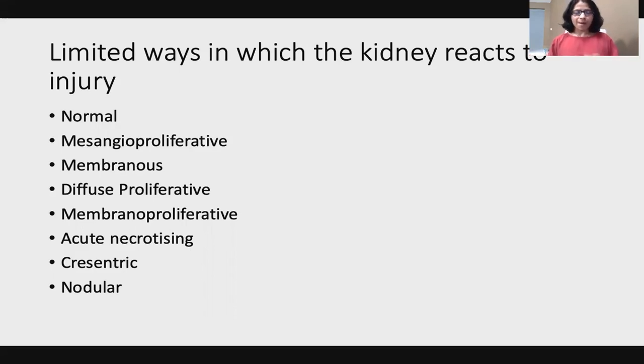So when I use the term membranoproliferative pattern, I don't mean any particular pathology as such. I just mean that that is the appearance that I can see under the microscope. And once I've seen this appearance, I again look at the clinical details, look at the other special stains, immunostains, and then come to the final diagnosis.